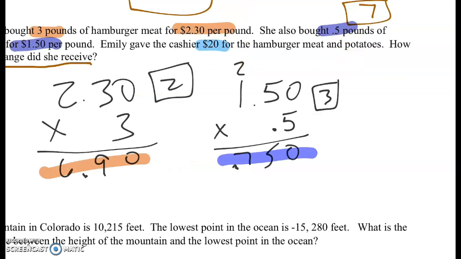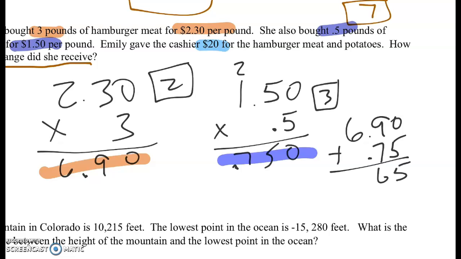Alright, so let's add that up, see what her total bill was, $6.90 plus 75 cents. It's 5, 16, $7.65.